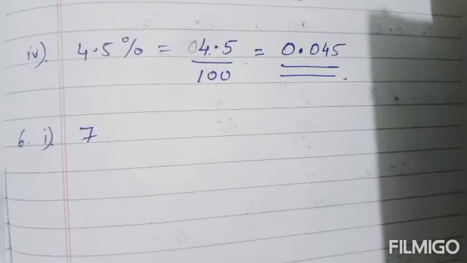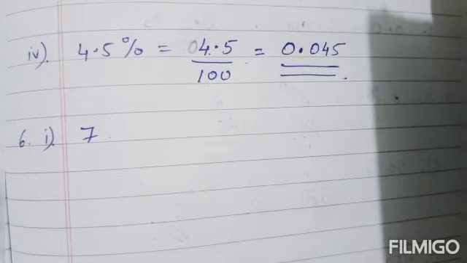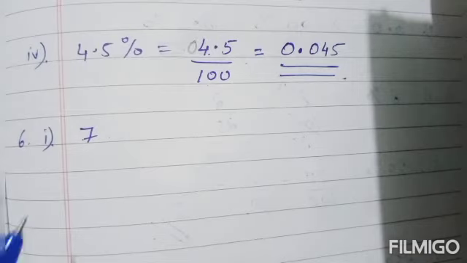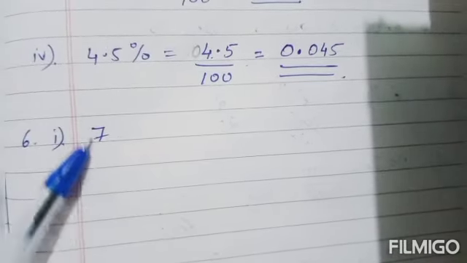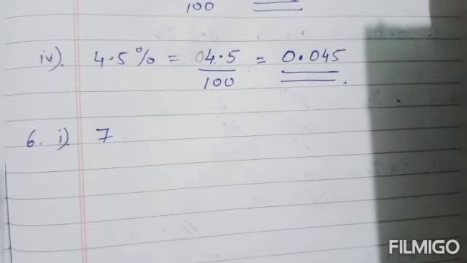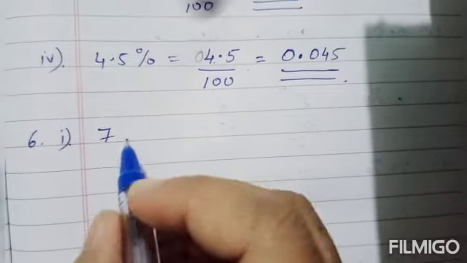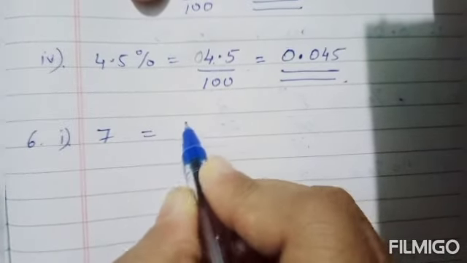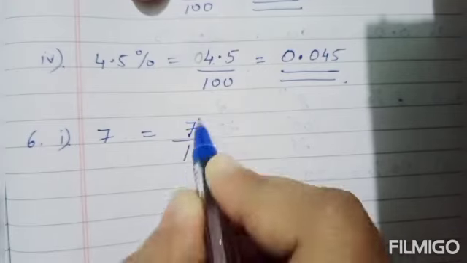Okay. Now sixth question. Express each of the following numbers as percent. In that first one, 7. So this number you have to express as percent. 7 means in fraction form it is 7 by 1.